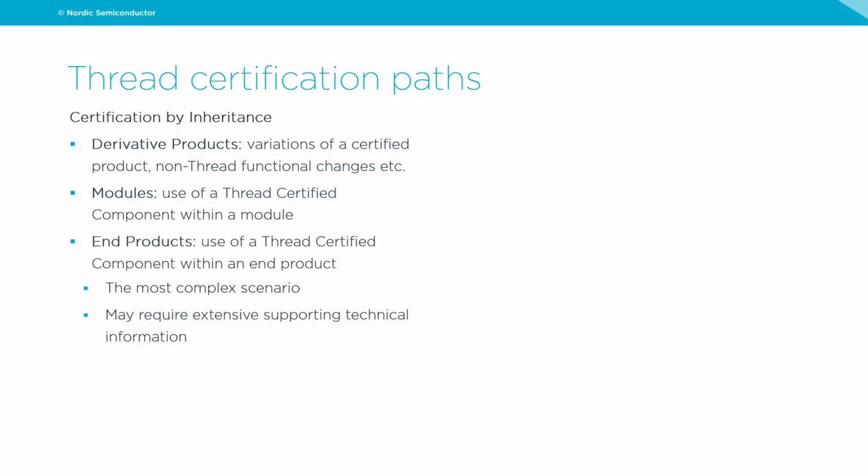And finally, this certification path can also be used for end products, but this is the most complex scenario. In this variant, Thread certification by inheritance is used to reference a certified system, so a combination of hardware and Thread stack, within an end product.